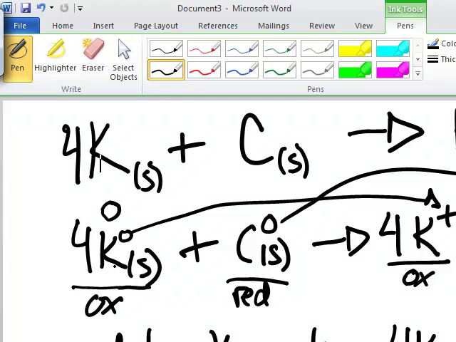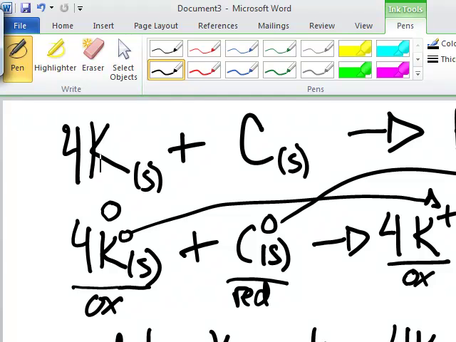What did it have to give up, each one of those, in order to become +1? What's the difference in the electrons here? 0 and +1. How many did it get rid of, each one? Good. And there were 4 of them, so all in all, they got rid of how many total? Good. So we have 4e-.